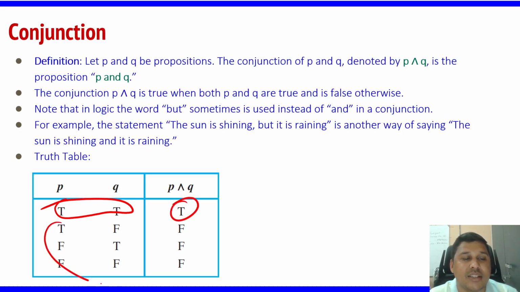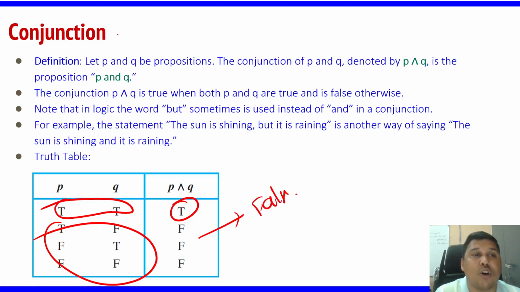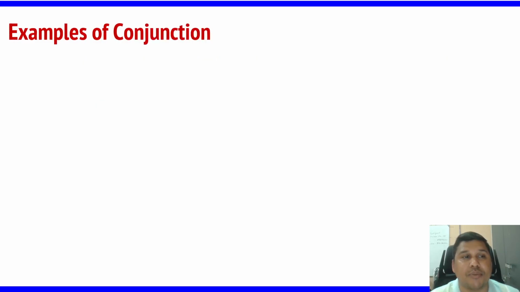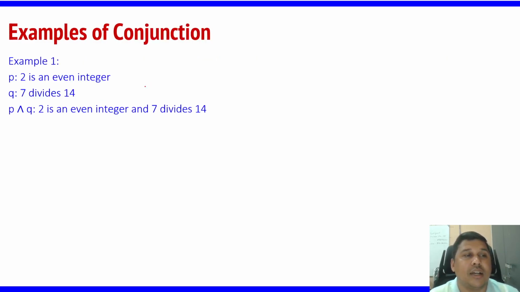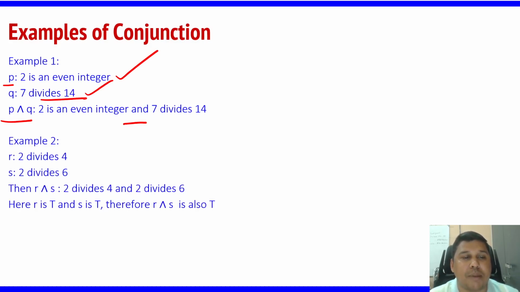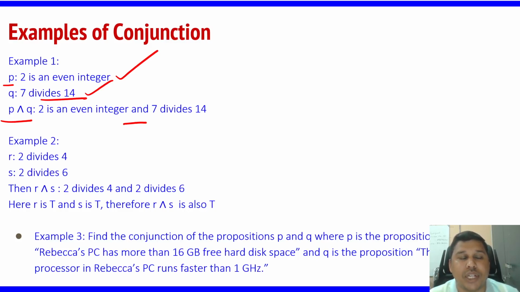In all the remaining cases, the value is false. This is your AND operator, also called conjunction. Let's see an example. Proposition P, 2 is an even integer. Q, 7 divides 14. What is P and Q? 2 is an even integer and 7 divides 14. That is the conjunction statement, a combined statement using the AND operator. Like this, we have multiple examples. You can go through and see how conjunction works.